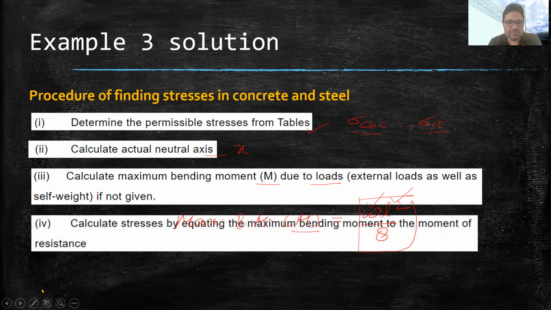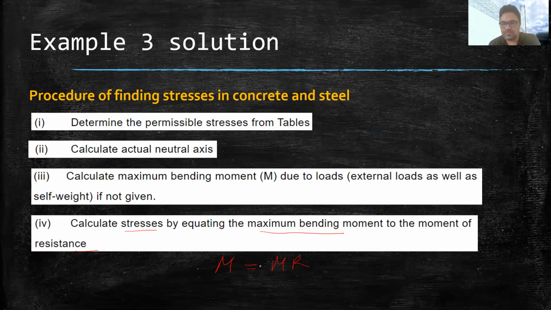And in the fourth step, we will find out the stresses. We will find out the stresses by equating the maximum bending moment to the moment of resistance. So in this step, we will equate with the MR. By equating them, we will be able to find out the actual stresses in concrete and steel.